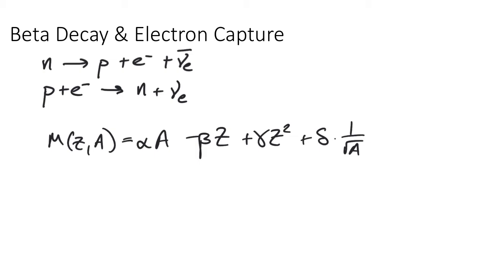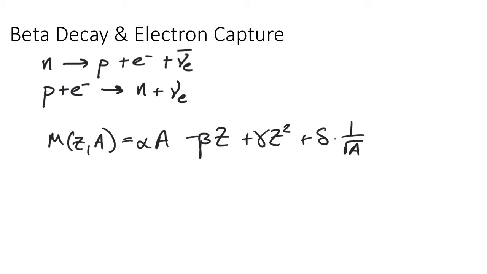But note that if we ignore the delta term, and A is fixed, this is a constant. Then we have a quadratic in Z, which will have an upward curvature. And then the delta term is going to be the pairing term, which may or may not affect it, and we'll see what that does in a second.